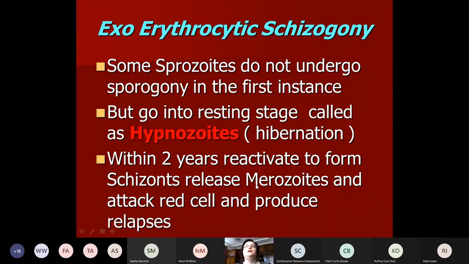That's why remember that if your patient tells you that maybe 3 years ago he or she was in tropical countries, don't exclude the possibility of malaria.